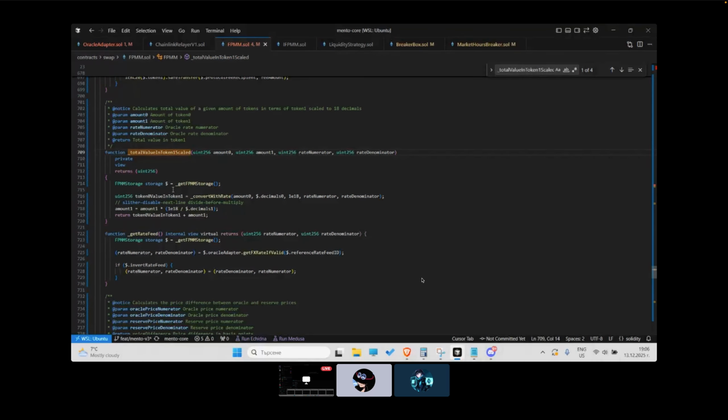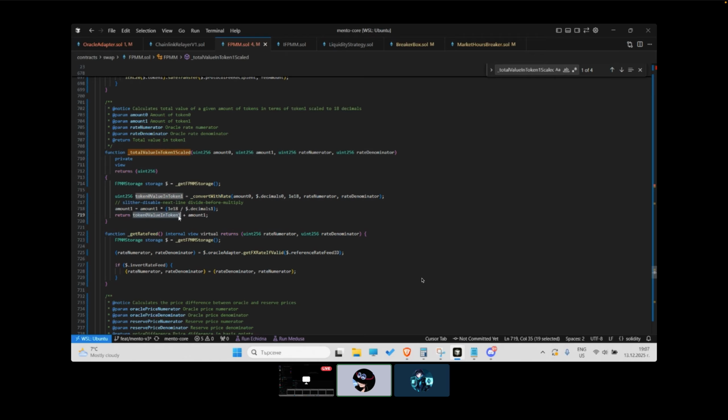What they do is basically just convert one of the tokens and just add it to token one to get the reserve value of the whole pool, I guess. That's how I understand it. So they enforce that this reserve value increases probably.